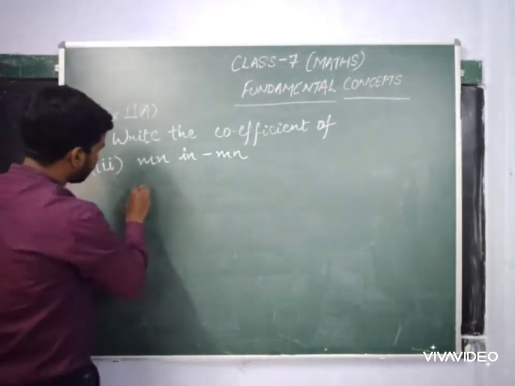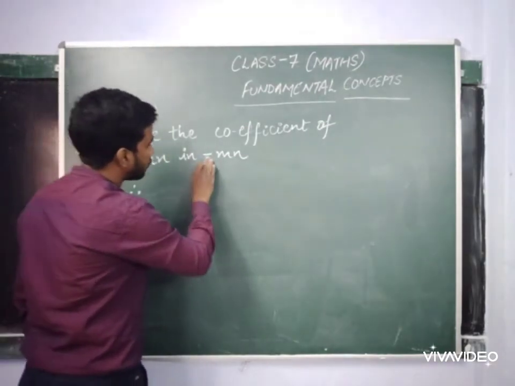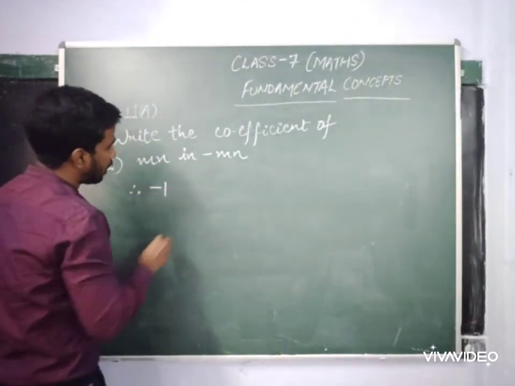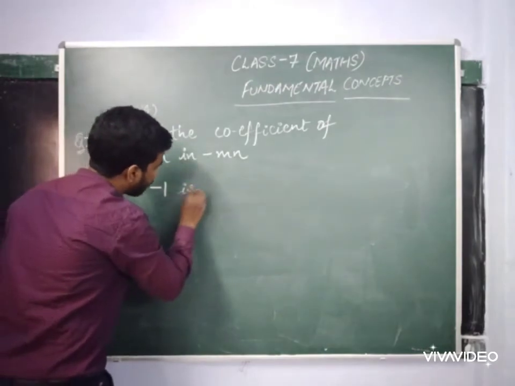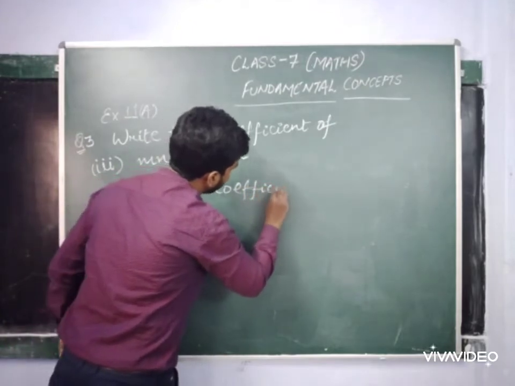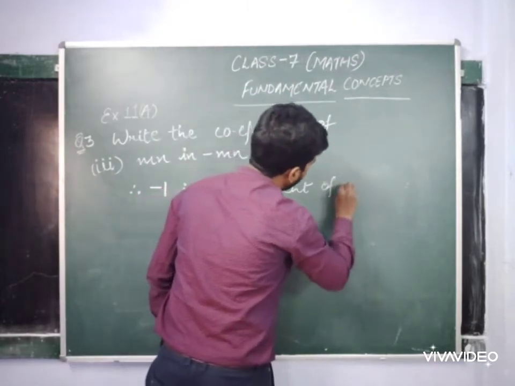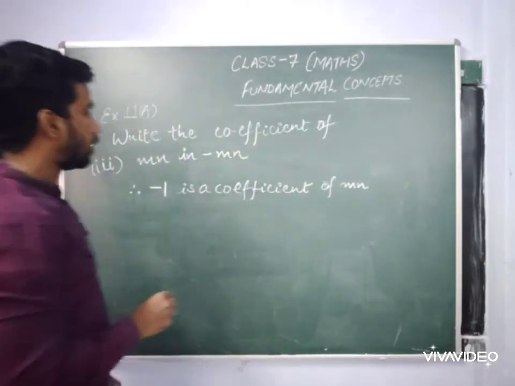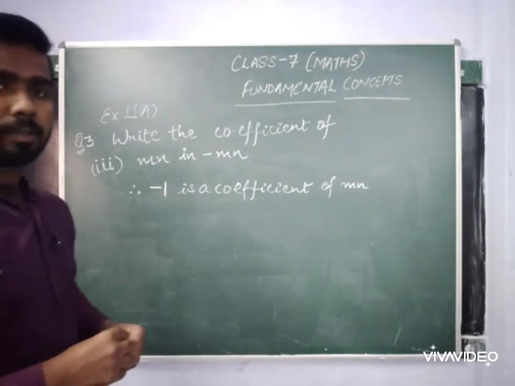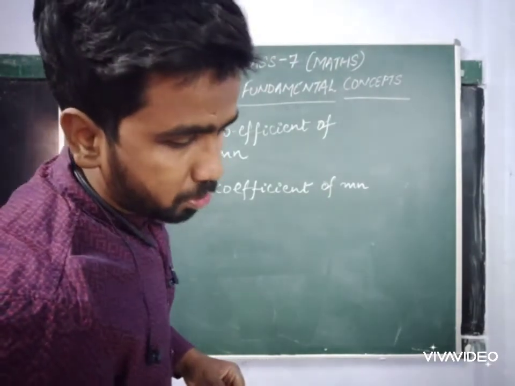Okay, so as you are seeing, the term is already mn, only because of the minus sign the coefficient will be minus 1, is a coefficient of mn. Clear? And I think it is very easy for you to understand. Okay. Now moving on to question number 4.